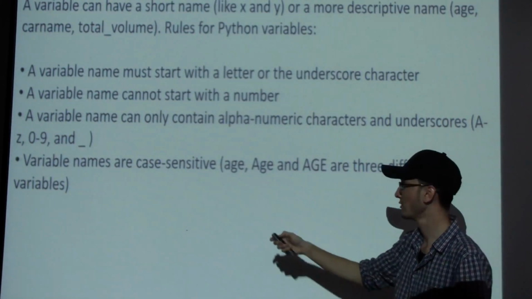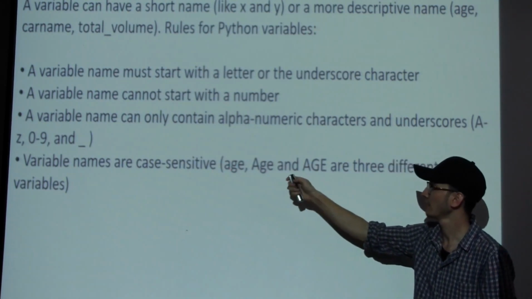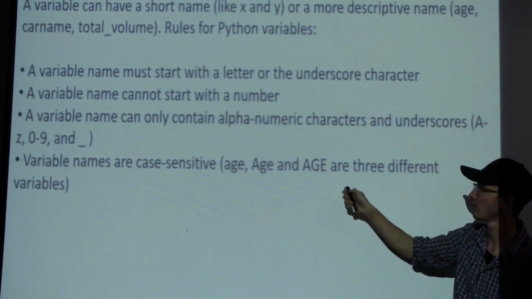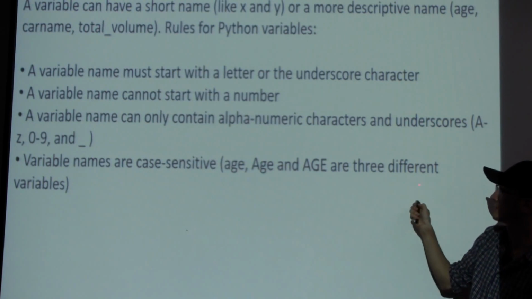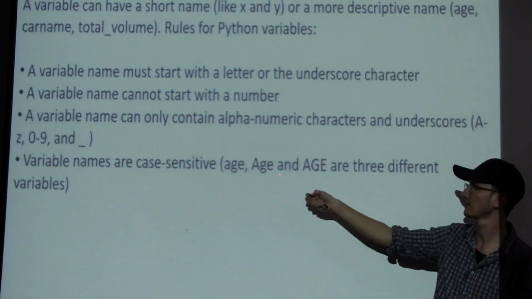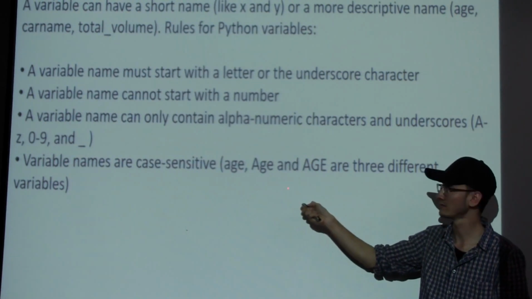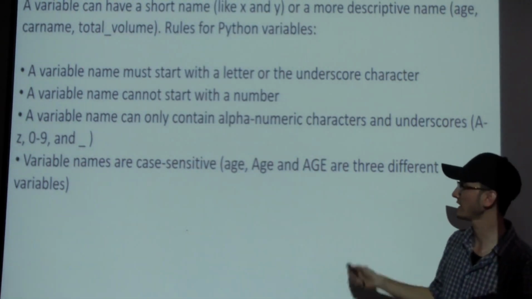For example, when we create variable age, Age with a capital A, and AGE with all capital letters, these are three different variables. They are not the same.